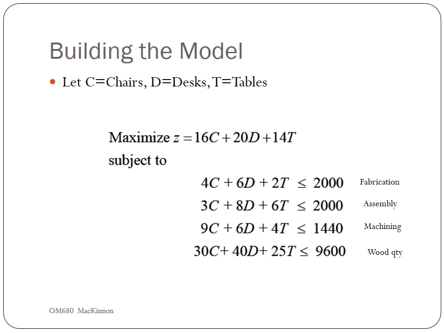But anyway, we're going to let C equals chairs, D equals desks, and T equals tables. We want to maximize 16C plus 20D plus 14T. 16, 20, and 14, if you recall, are our profits per unit. And then we have constraints, subject to 4, 6, and 2 times chairs, desks, and tables less than 2,000.